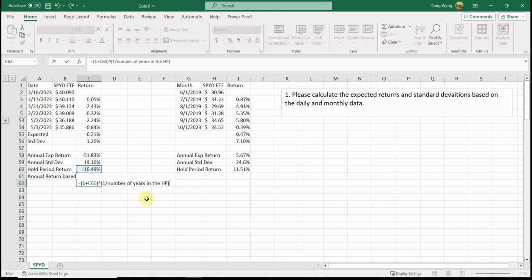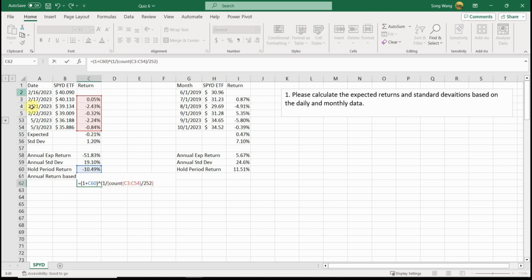So how many years are in this data range, or what fraction of a year is covered by 50 days? That's the number of years. I'm going to use a count function to count how many returns there are from February the 17th to May the 3rd, and divide it by 252 trading days, which gives me roughly 20% of the year.